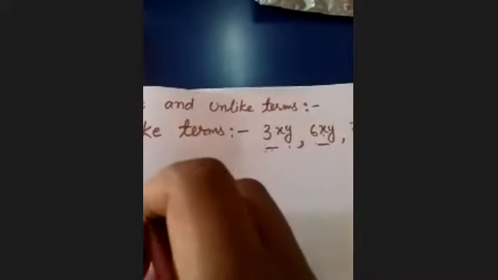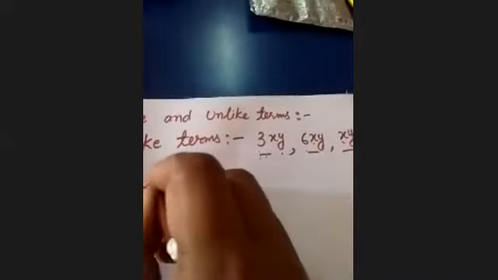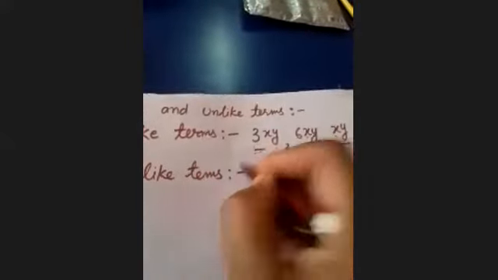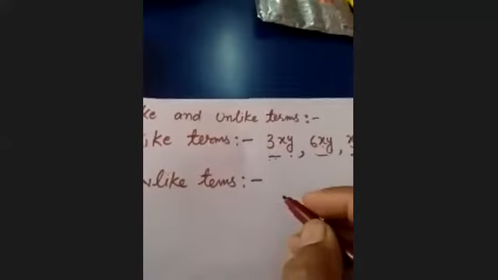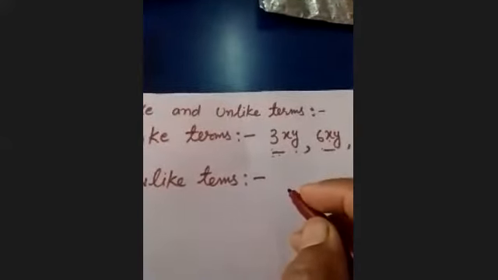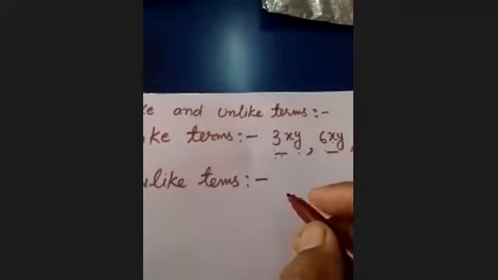Next is unlike terms. If two or more terms have different variables, then these terms are unlike terms.